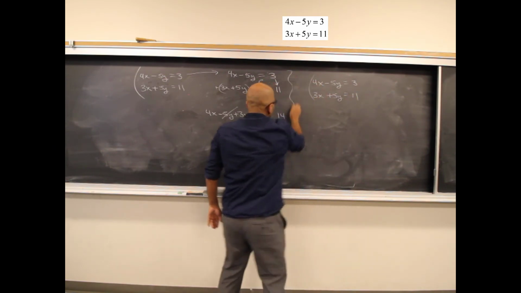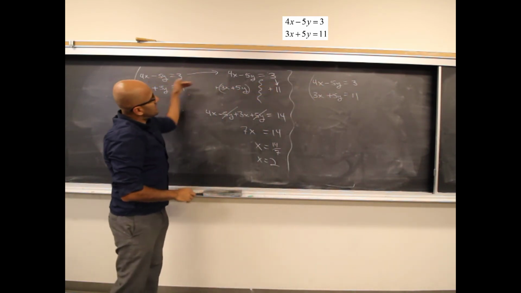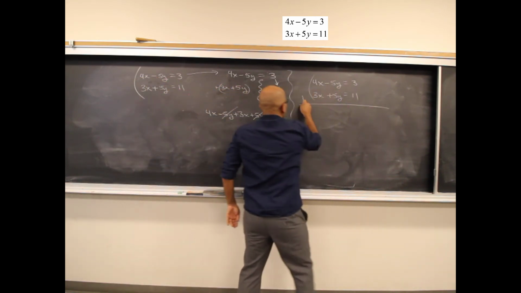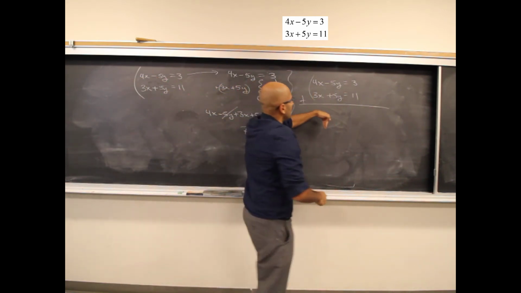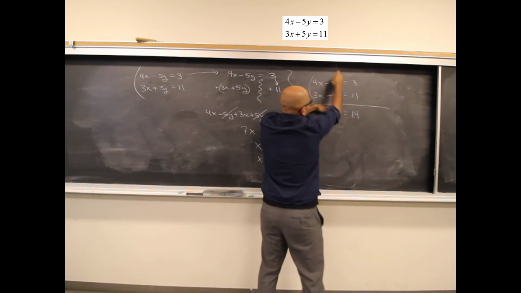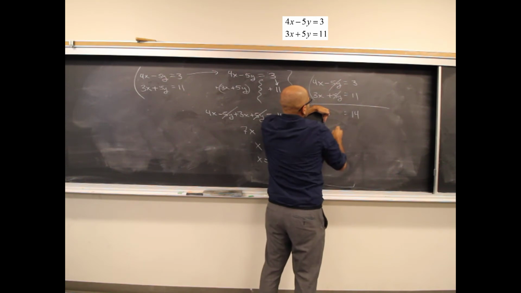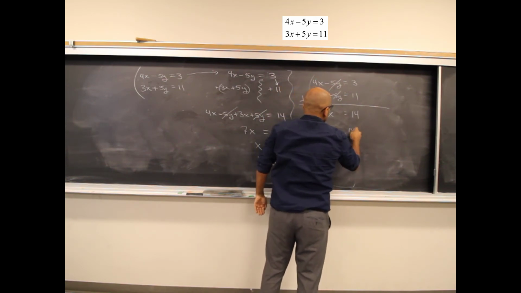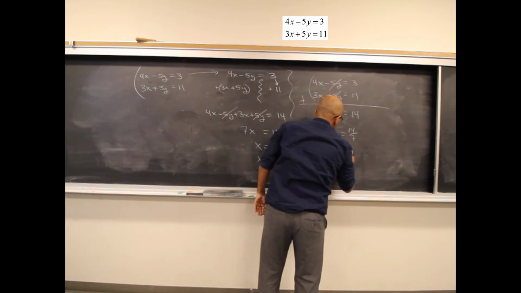Here's our system. So instead of writing it this way and going this way, what a lot of people do is this. They just put a big plus sign there, and they add down. So bring down the equal sign. This side becomes 14. When you add, these cancel. When you add these, you get 7x. So x equals 14 over 7. x equals 2.